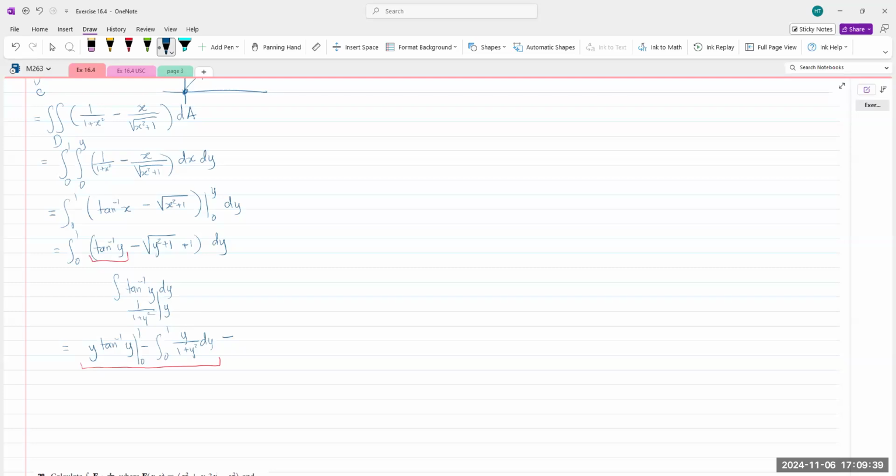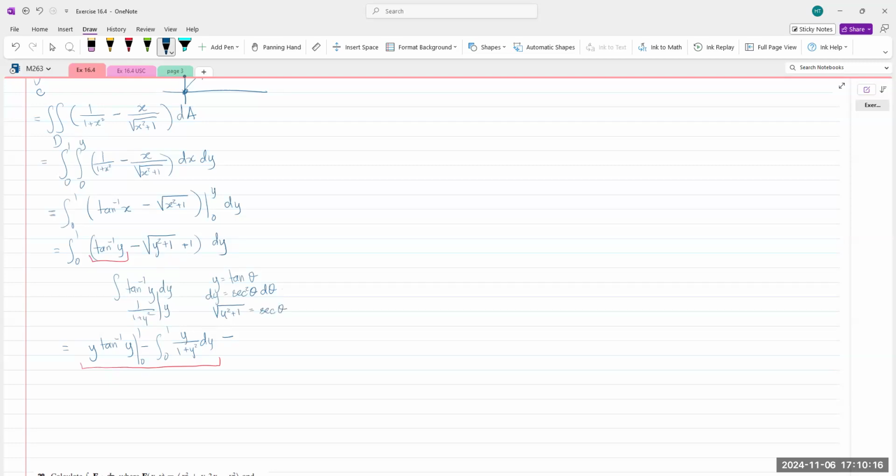Okay, and then minus, what is the integral of that thing? I think I need to do substitution, huh? Is there a special integral for that? So if I use y equals tangent theta, then dy is secant squared theta d theta, and the square root of y squared plus 1 is secant theta.